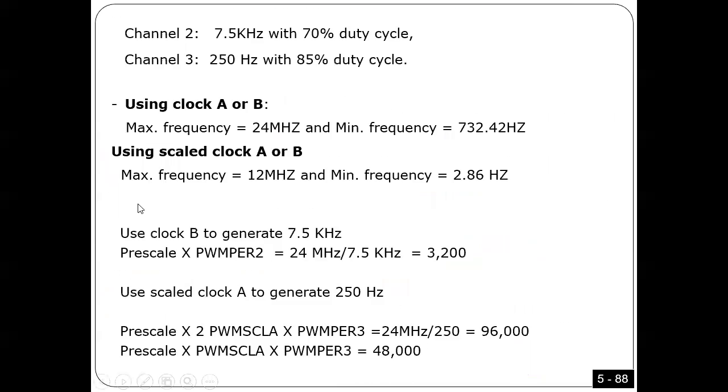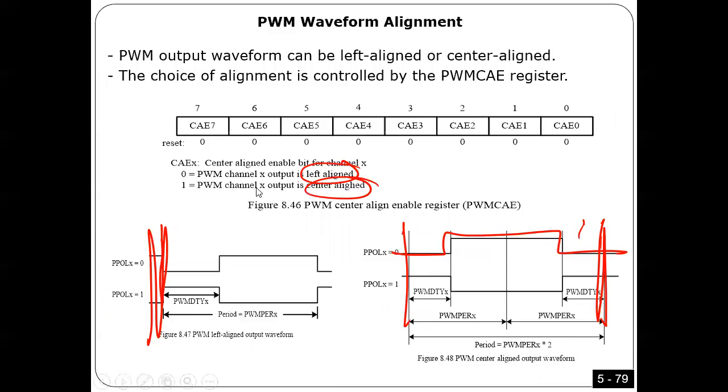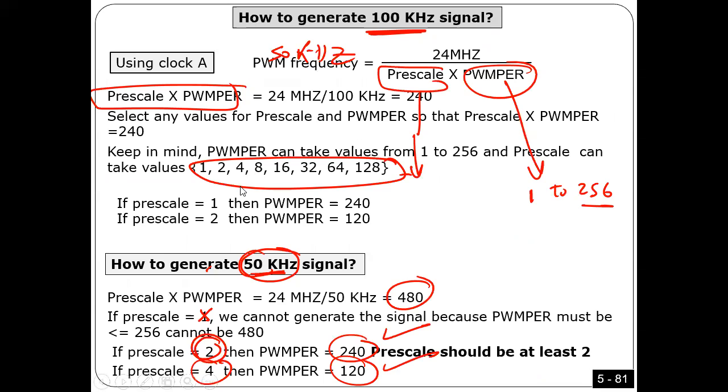Because if you go back to the formula here, this is the most important part here, guys. If you go to the formula here, if I make this one bigger, I can generate lower frequencies. So this one took a value from 1 to 256. So if I can make this one bigger, I can generate lower. So this is the main point. The main point here, you can use concatenation.